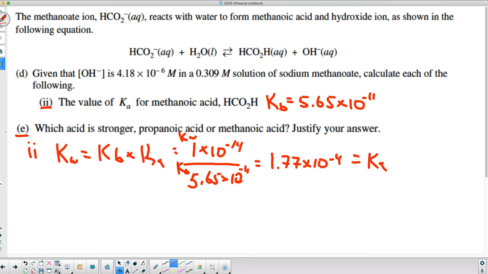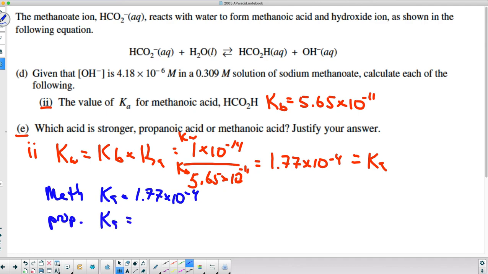And then the last part says, which acid is stronger, propionic acid or methanoic acid? So let's take a look. Methanoic acid, the Ka is 1.77 times 10 to the negative 4th. Propionic acid, the Ka is 1.34 times 10 to the negative 5th, I believe.